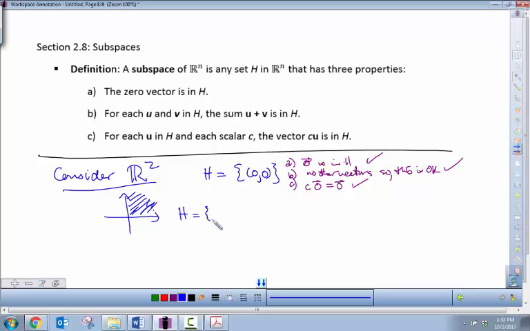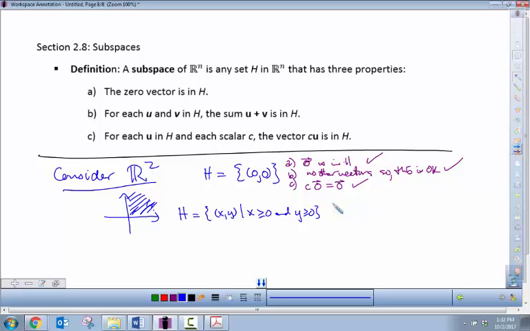So one way to write that is we can say first quadrant including the axes, or we can say the points x and y such that x is bigger than or equal to 0 and y is bigger than or equal to 0. Is that a good description for the first quadrant, including the axes?